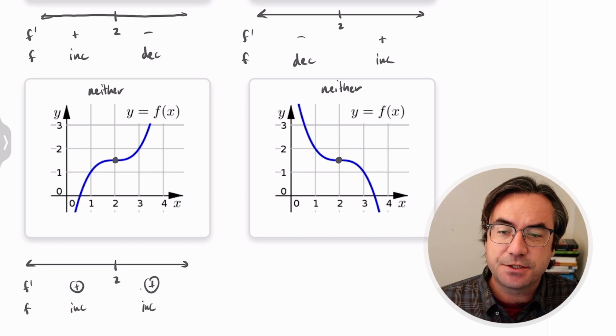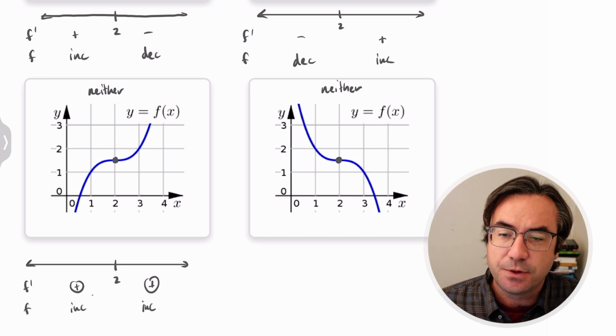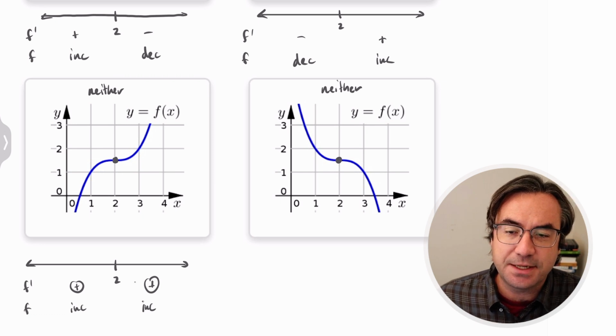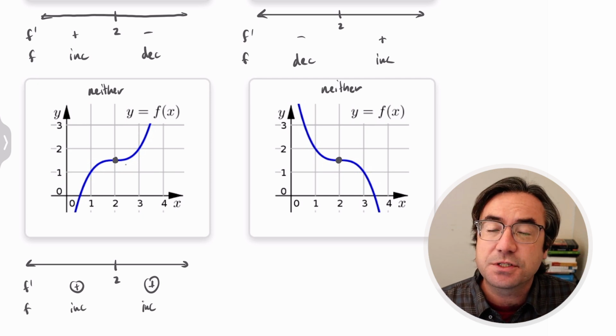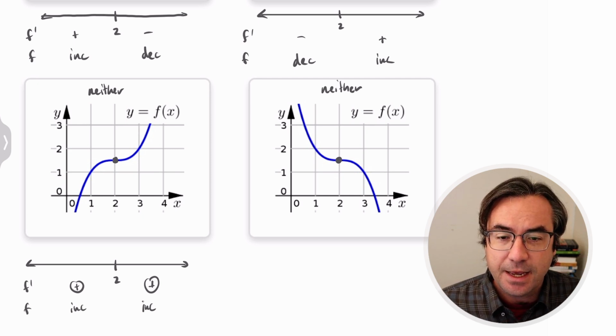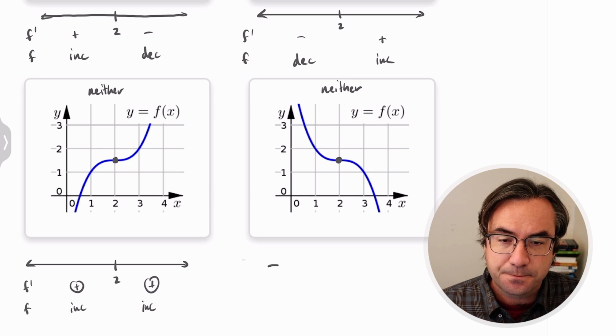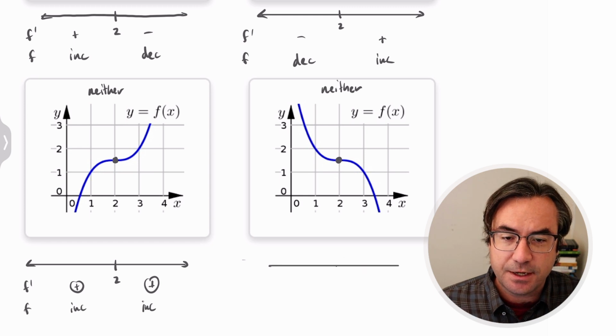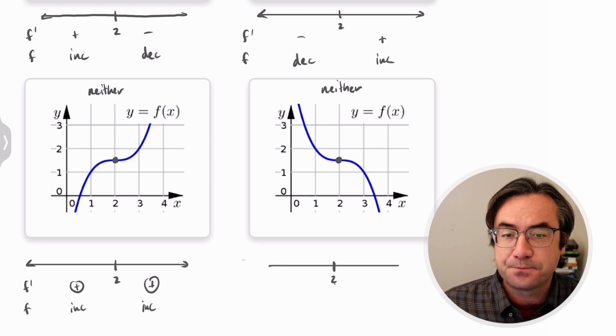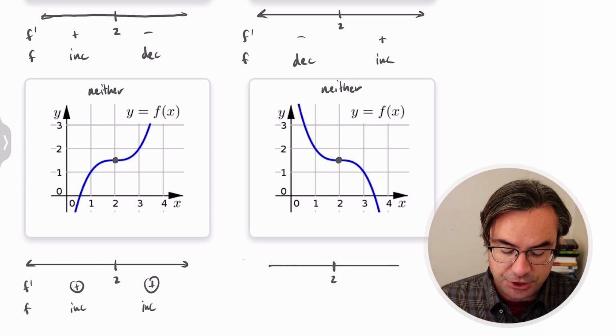So what we see here is there's no sign change. So if there's no sign change and you go from positive on one side to positive on the other side, well, then your graph is going to look something like this. And if we go to our other graph here, again, we have a critical number at x equals 2. So we plot that on our sign chart.